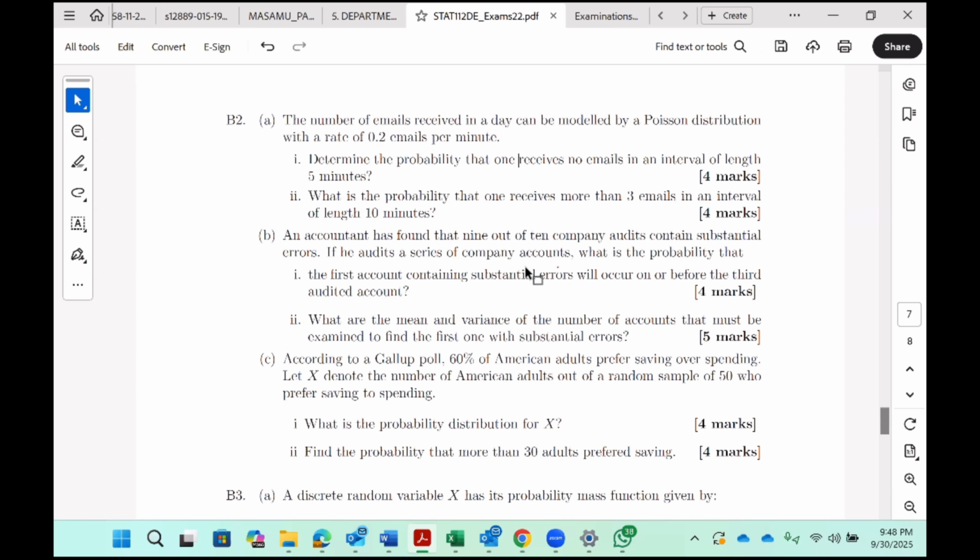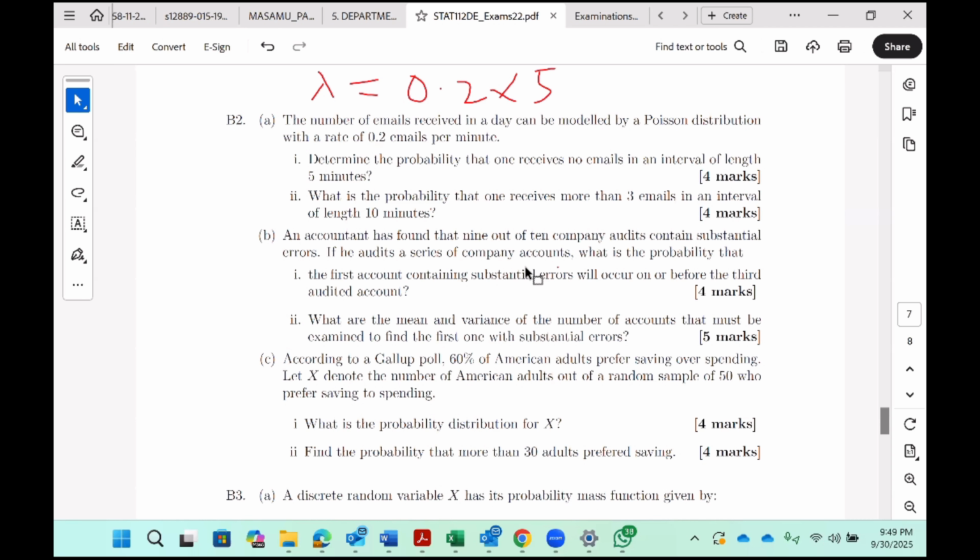So for part 1, your new lambda will be equal to 0.2 times 5. So then you apply the probability that no emails will be received. So your X will be equal to 0.